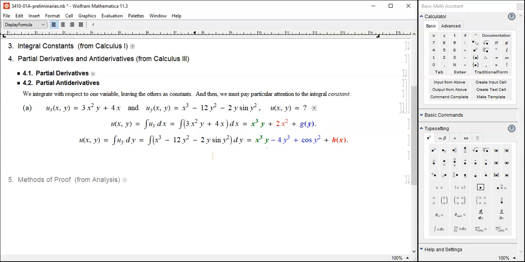So comparing these, you're going to get this: x cubed y minus 4y cubed plus cosine of y squared plus 2x squared. This time really plus c, constant c. Does everything make sense? This is partial antidifferentiation.